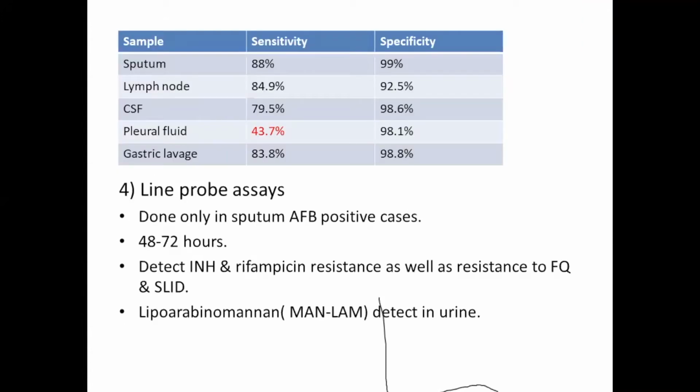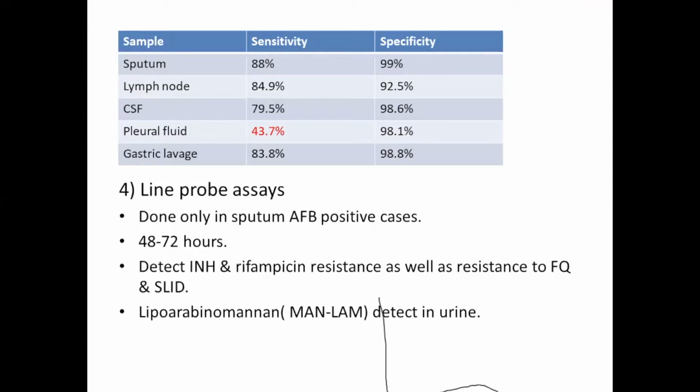Here is the sensitivity and specificity of the samples. Sputum sensitivity is 88% in CBNAAT, and specificity is 99%. For lymph node, 84.9% sensitivity and specificity 92.5%. For CSF, 79.5% and specificity 98.6%.